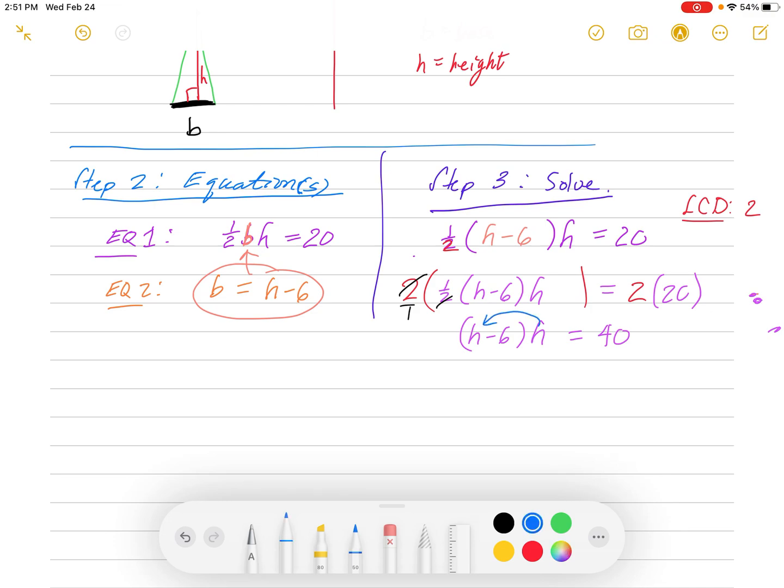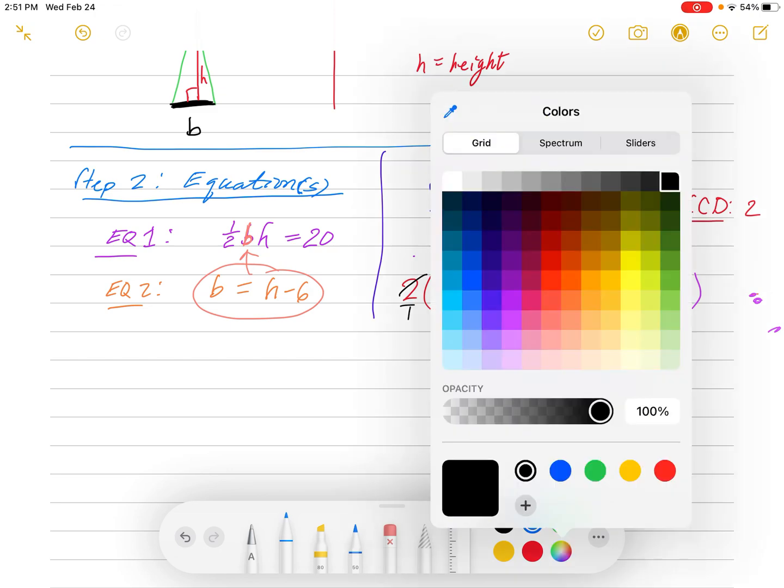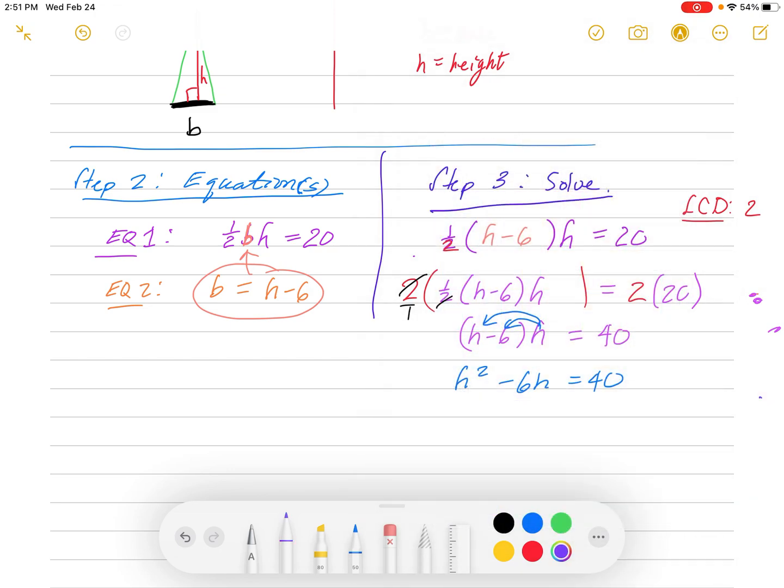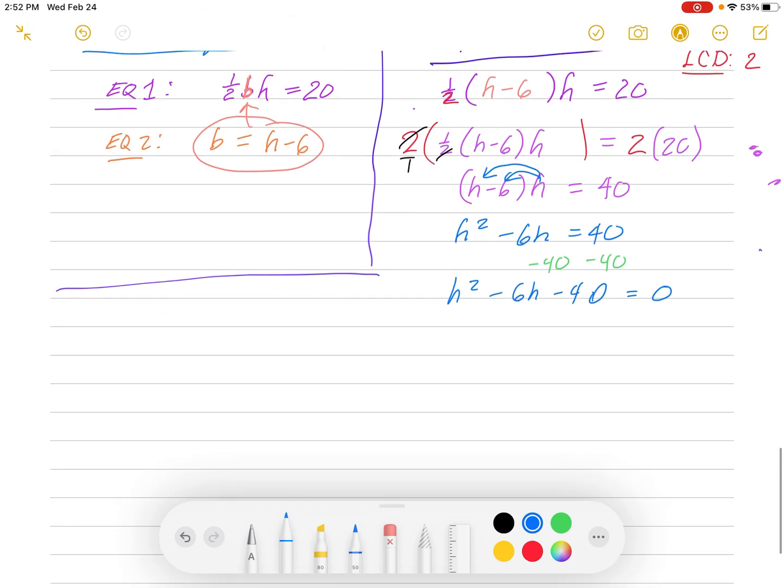And if we distribute this h through, we're going to have h times h is h squared minus h times 6 is going to be 6h equals 40. This is a quadratic equation, right? A quadratic equation is an equation where the largest power is a power of 2. We'll subtract 40 from both sides because you want 0 on one side when you're solving the quadratic. You'll get h squared minus 6h minus 40 equals 0.